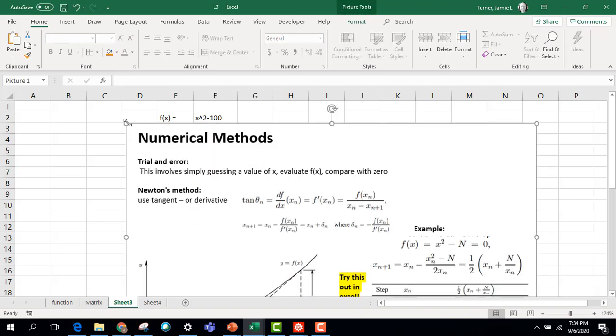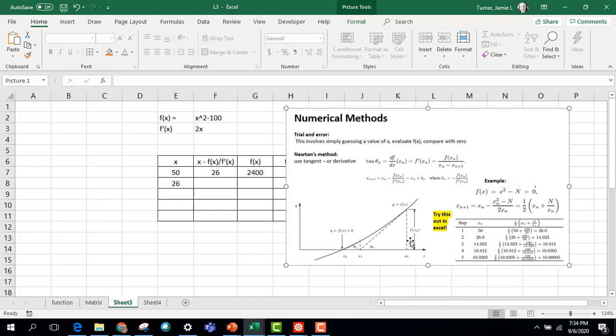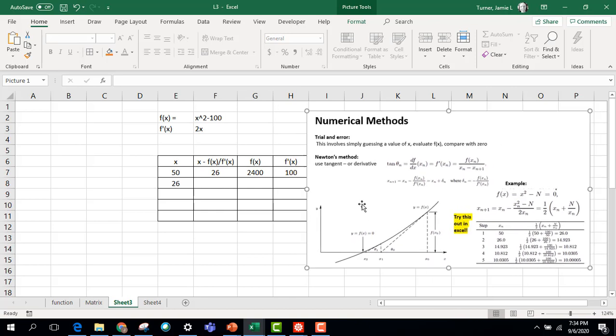Let me pull this up again. It's describing this first big triangle. If we choose 50 and plug 50 into that equation, the height here is 2400, and we say, wow, that's nowhere near 0. We're looking for this point over here, so we're going to jump and make a new guess.